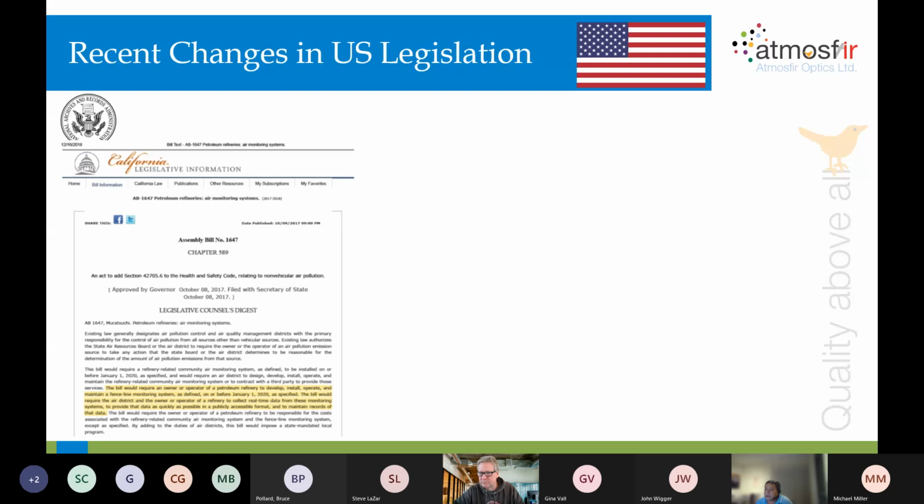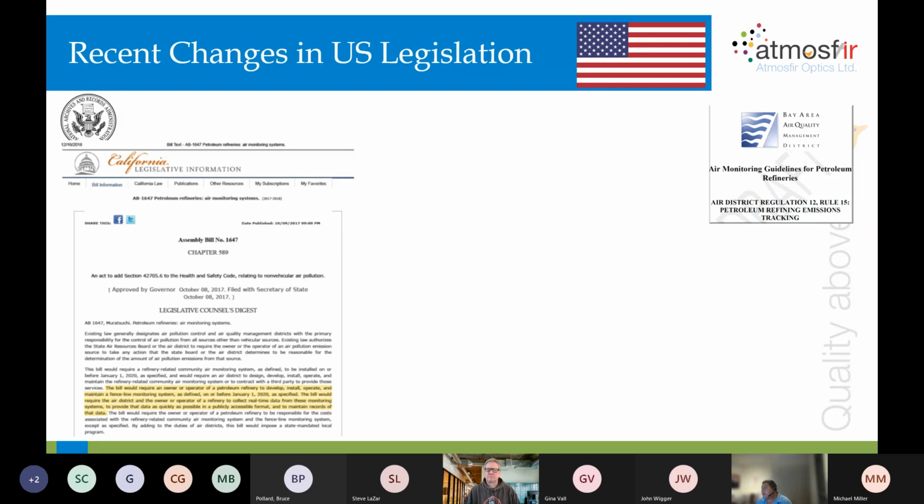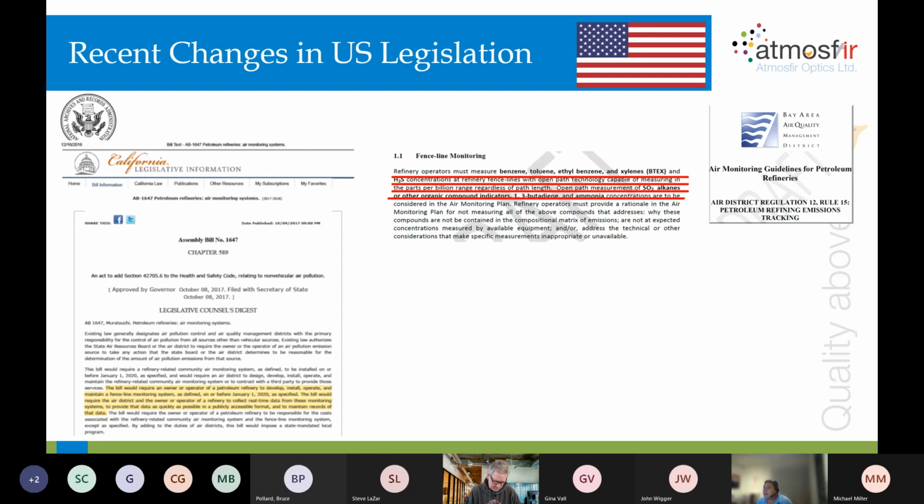And then California wrote AB 1647, and every county writes its own rules, like the San Francisco Bay Area wrote Rule 1115, Regulation 1215. And then it says that every refinery must measure actually almost everything that emits.